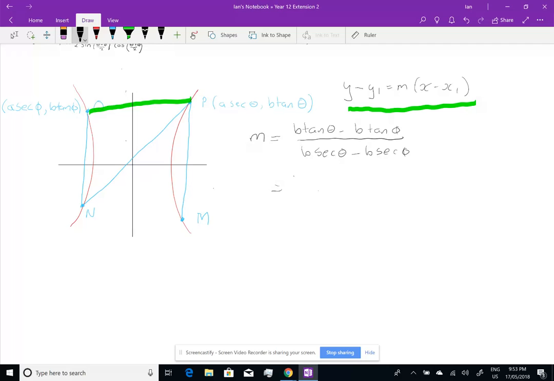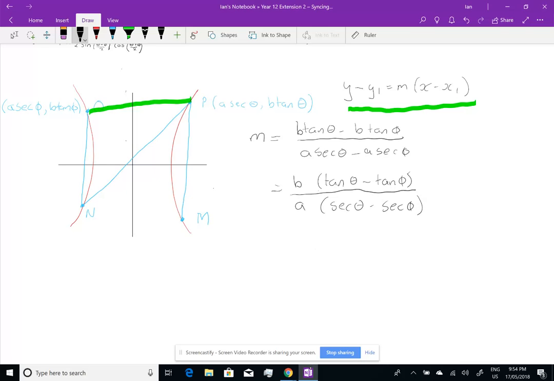Okay, we'll take out the b and we'll get tan theta minus tan phi, and sorry, up here, that should have been b, but these should have been a's. First mistake. Let's see, hopefully I won't make another one. So a sec theta, a sec phi. So we'll take out the a and we'll get sec theta minus sec phi.